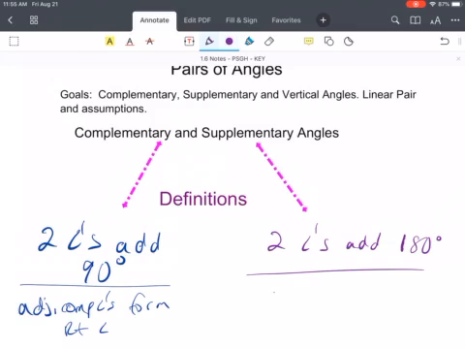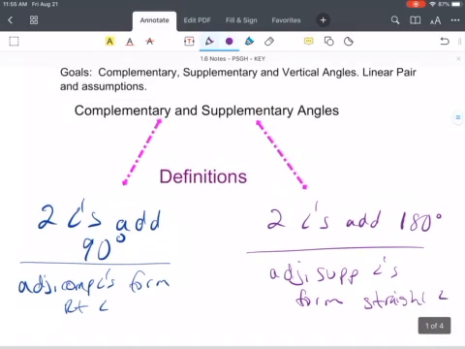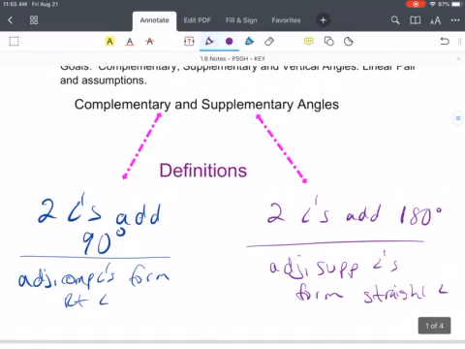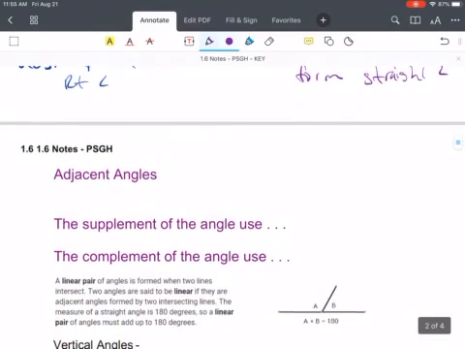And adjacent supplementary angles would form a straight angle. And so I've used that word adjacent. Adjacent angles are angles that are next to each other.